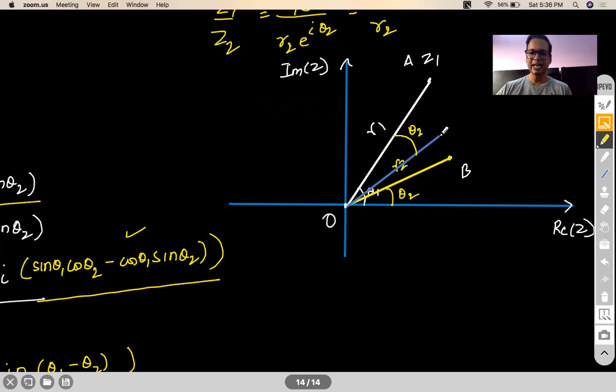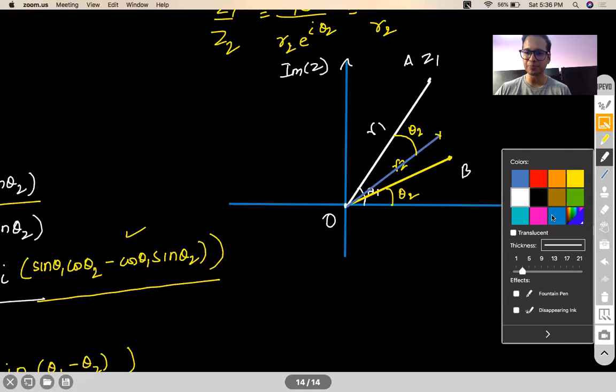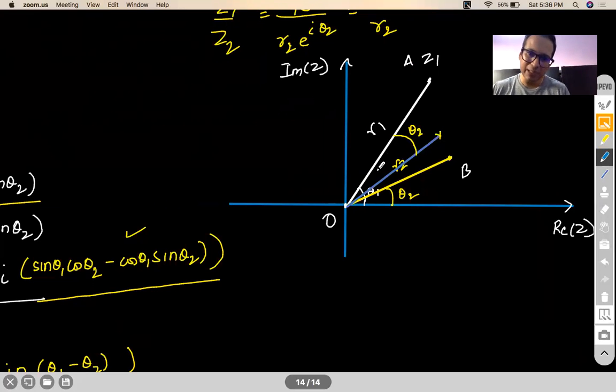And this length will become R1 by R2. So this guy will be your Z1 by Z2. Understood? Are you getting a picture? Correct.